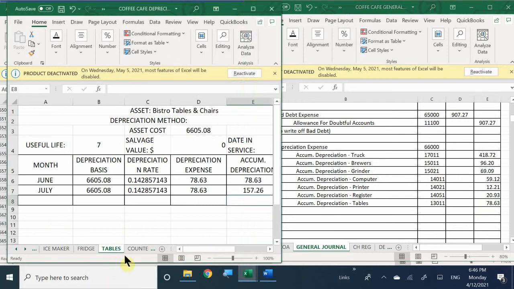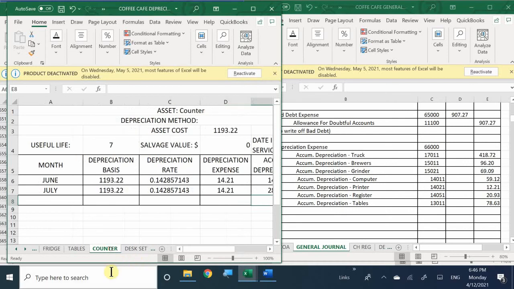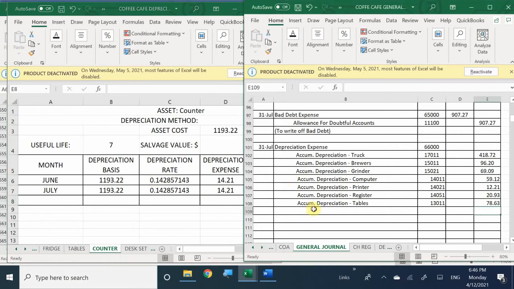All right. Then we calculated the counter. Okay. The counter, which was account number 1321. Okay. So the counter was for $14.21.